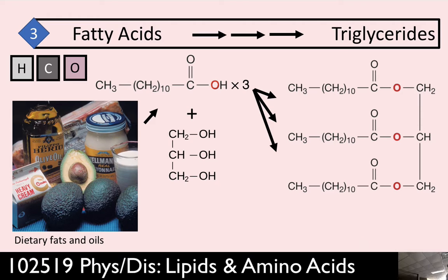So, asking a basic question, what is an acid? An acid is a proton donor. I'll write it down again. An acid is a proton donor. And a base, what is a base? Proton acceptor, yep.